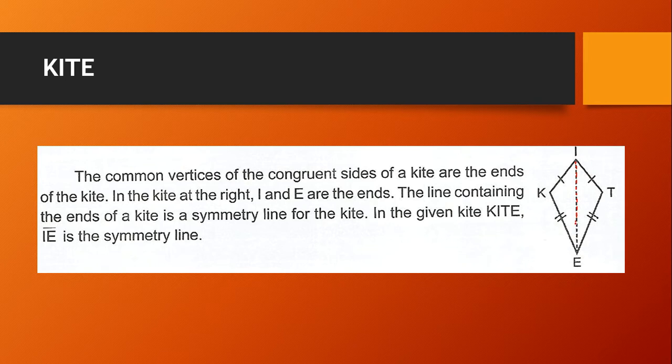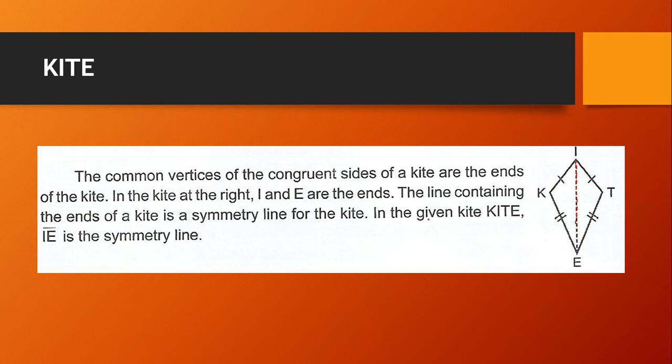So when we talk about the symmetry line, it is the line that divides the figure into two identical pieces. As you can see in the kite, there is a symmetry line that connects the vertices I and E. So it divides this kite into two equal parts or two identical objects, no? As you can see, it forms two identical triangles. Okay?